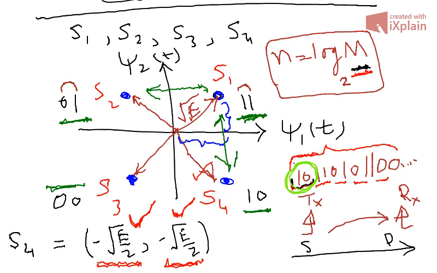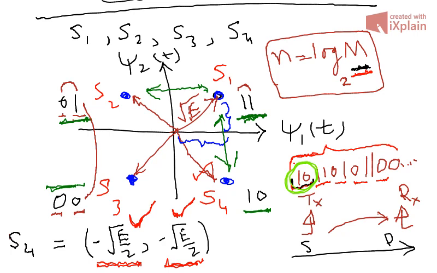Similarly, S2 and S3: for S2, the first bit is 0 and the second bit is 1. For S3, the first bit is 0, the second bit is also 0. So you can see that the difference is the second bit, and they have the first bit the same. Similarly, S3 and S4 have the second bit the same. So these adjacent symbols differ by 1 bit.